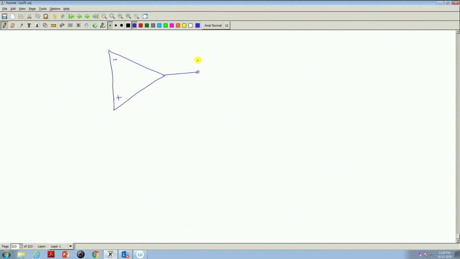This is your output. Suppose you make this point grounded, and here you have applied a voltage V, and suppose this applied voltage is a sinusoidal voltage, what I am telling.